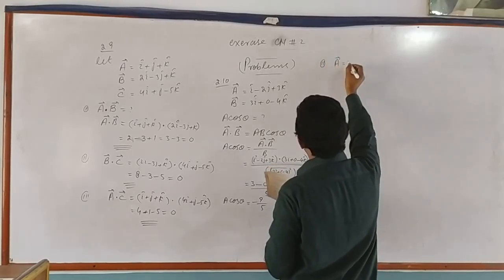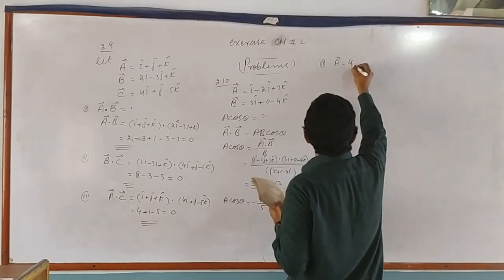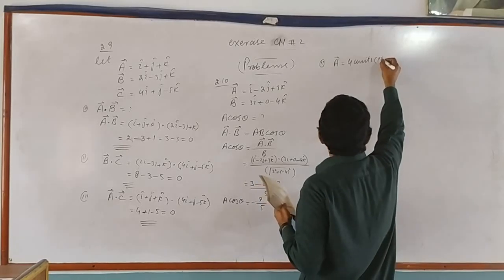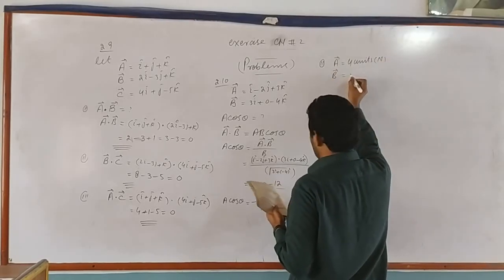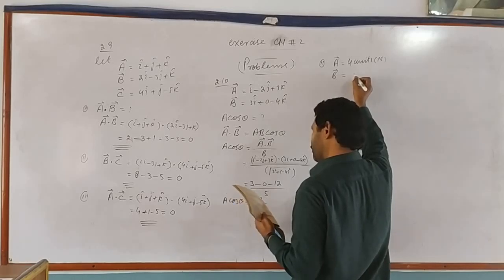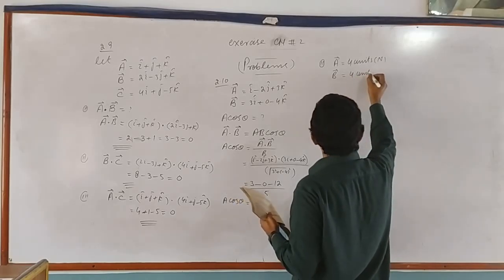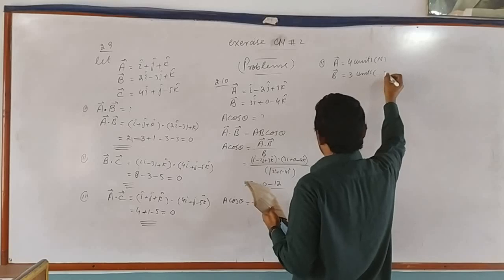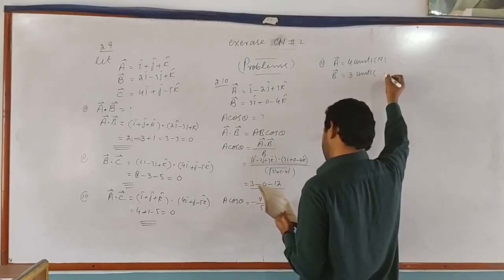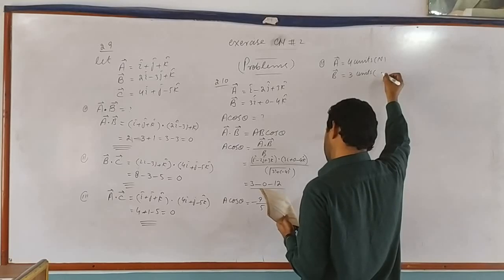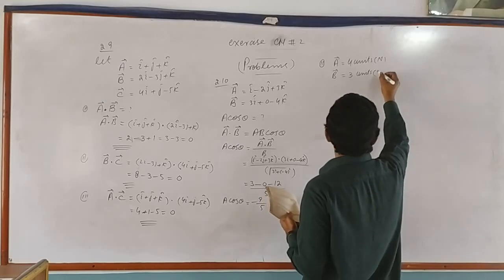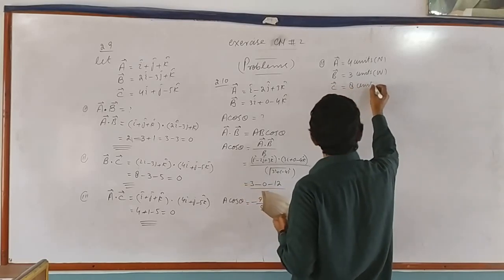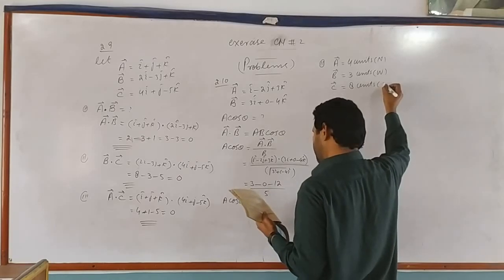Vector A has magnitude 4 units toward north, vector B has magnitude 3 units toward west, and vector C has magnitude equal to 8 units toward east.